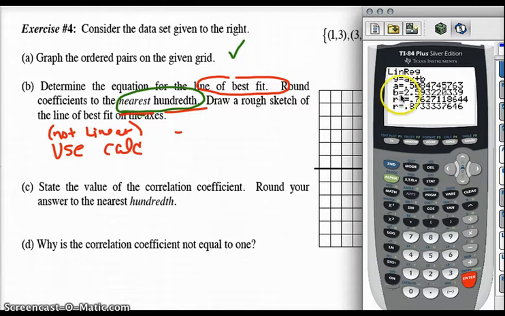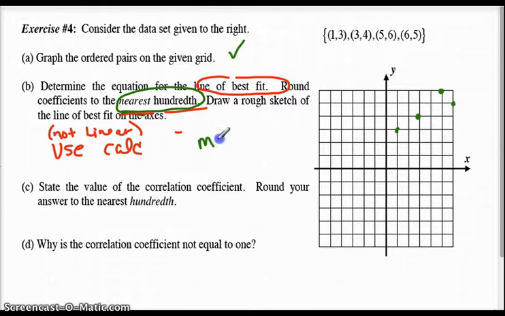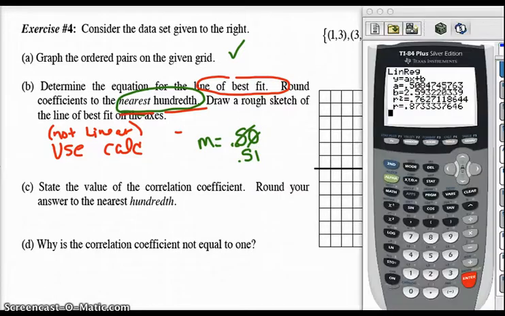Now, our a is 0.508. Nearest hundredth, that would be m equals 0.50. Oh, I think 51. 0.51. Sorry, I lost my calculator. Okay, yeah, so this right here, 0.508 would be 0.51. Now my B value is 2.593.